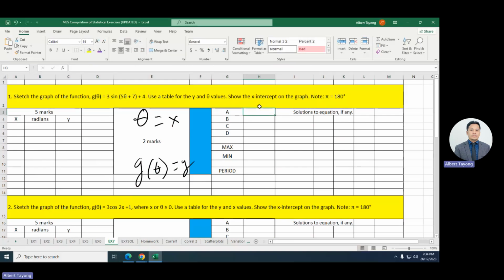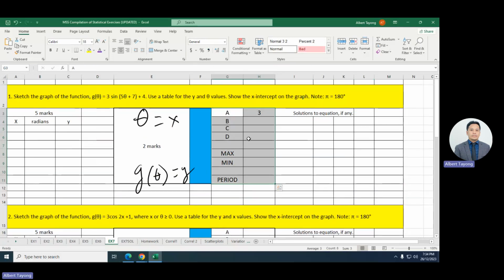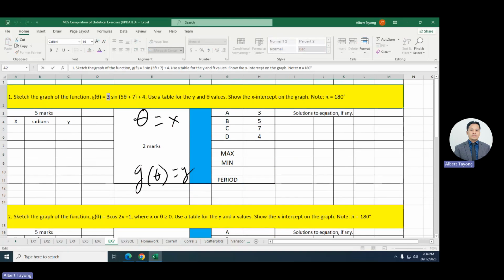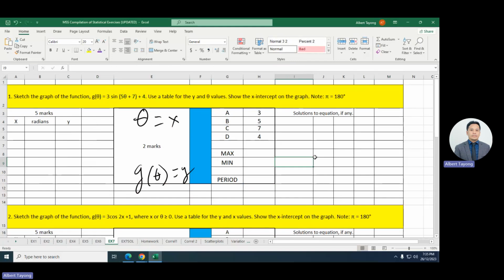So your A is 3, and B is 5 before the theta. C is after the theta, 7. D is 4. This is the first step. 3, 5, 7, and 4. This is the A, this is the B, C, and D.